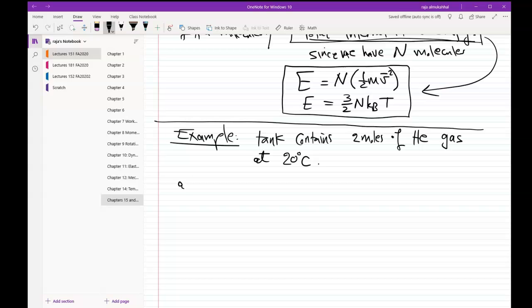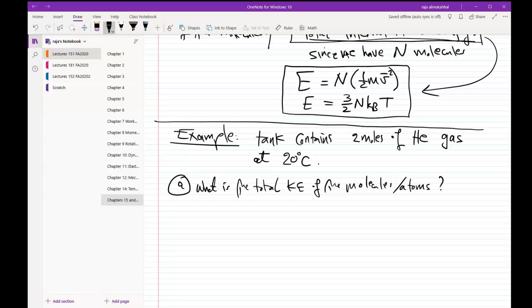A, what is the total internal kinetic energy of the molecules of the helium? Or atoms. I think I should say atoms for helium. I'm not sure if they bond together, to be honest with you. I'm not a chemist, I don't know. Let's just say for the helium atoms.